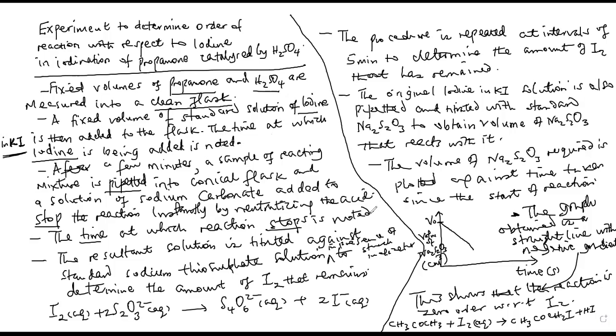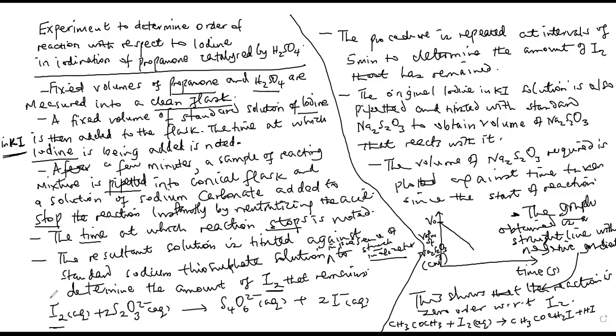Now, the resultant solution that has iodine is pipetted and titrated against standard sodium thiosulfate solution in the presence of starch indicator. And this will give you the amount of iodine. How? Since this is a standard sodium thiosulfate solution, you're going to get the moles of sodium thiosulfate.